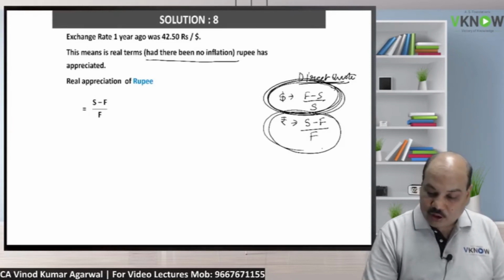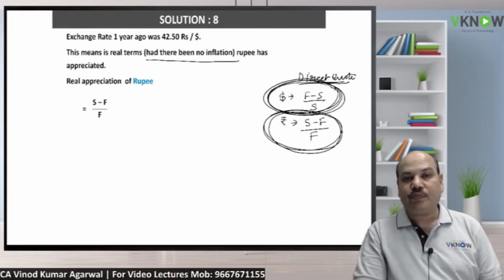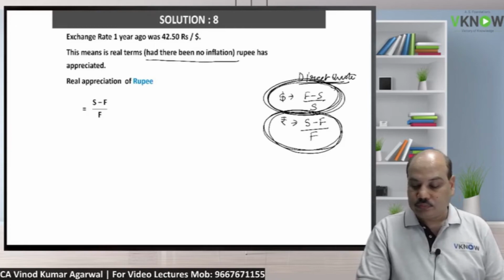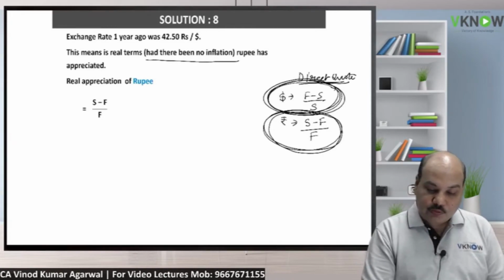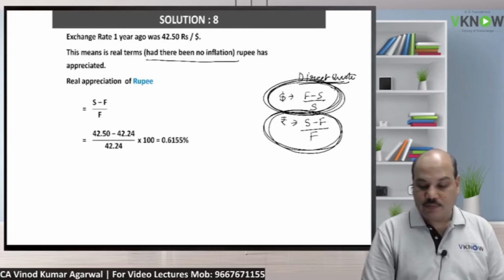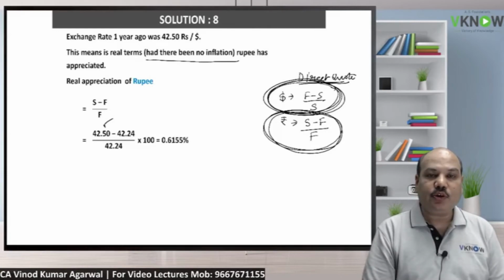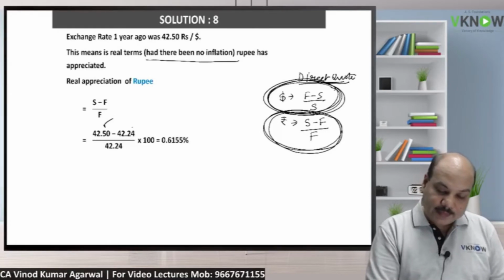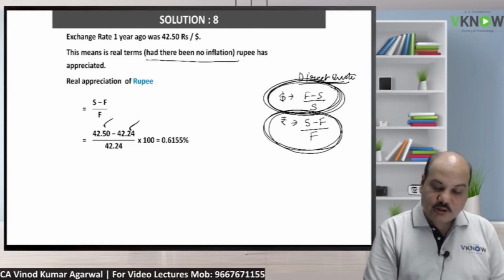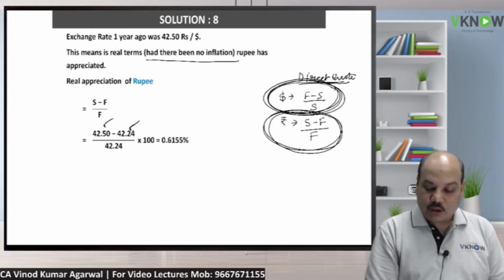But for the rupee, if they ask, the formula we have discussed in the basics of Forex and we have proved it also. Okay, so we'll use this formula, real appreciation of rupee S minus F by F. So the rate given to you in the question is 42.50. This is the real exchange rate in the absence of inflation, 42.24 divided by 42.24.